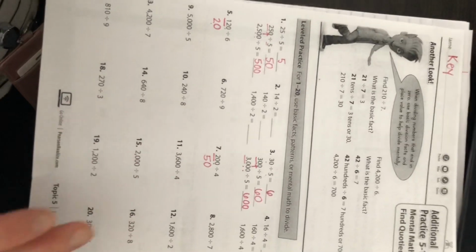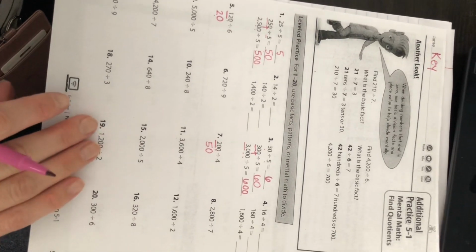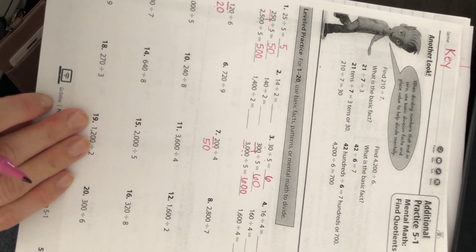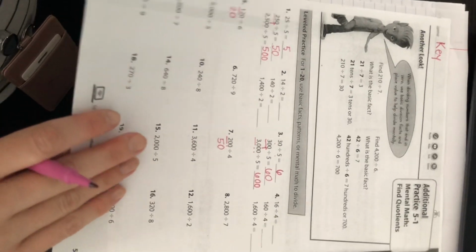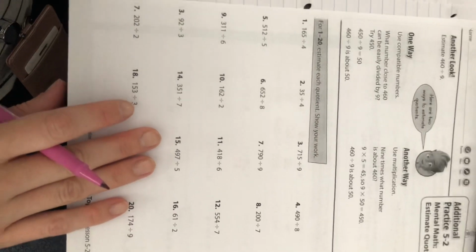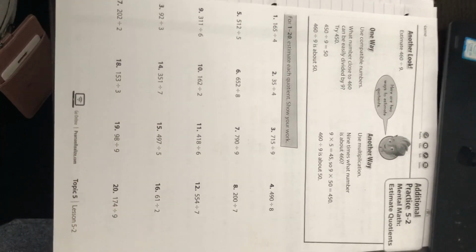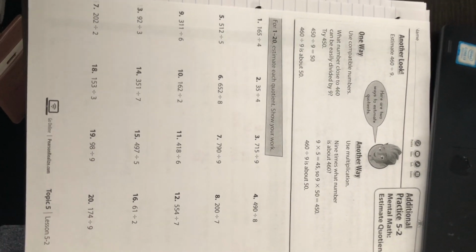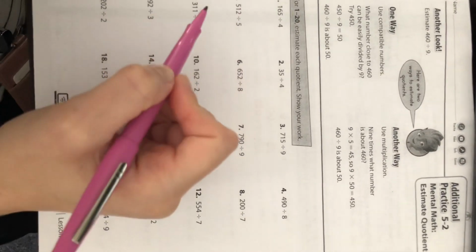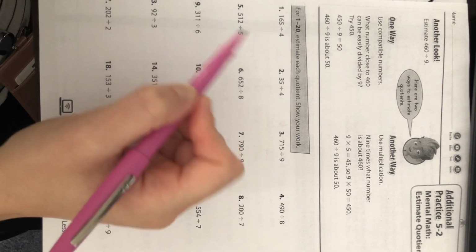That, in a nutshell, is what we did for the lesson for using mental math to find our quotients or to divide. We also took a look at estimating quotients as well. So if you flip over onto additional practice 5-2, we can use compatible numbers in order to estimate.